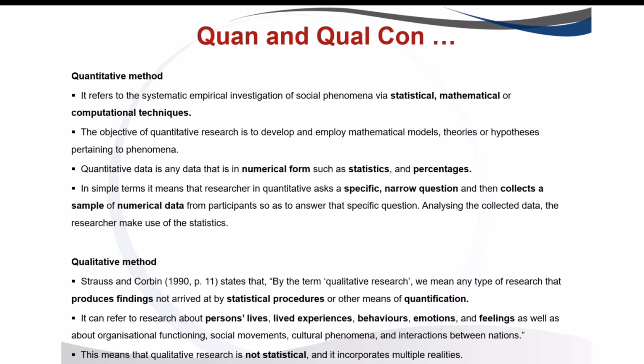But sometimes quantitative does restrict you, because what you normally do is give your participant a questionnaire. It could be an online questionnaire. Then you ask them to choose, based on the Likert scale, for example. If you have a two-way Likert scale, yes or no, you give your participant an option to say yes.